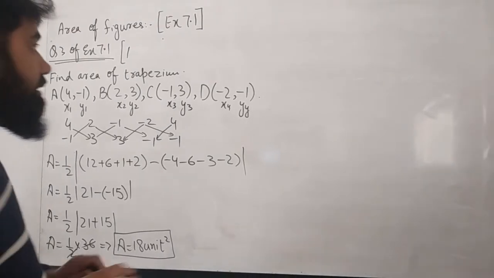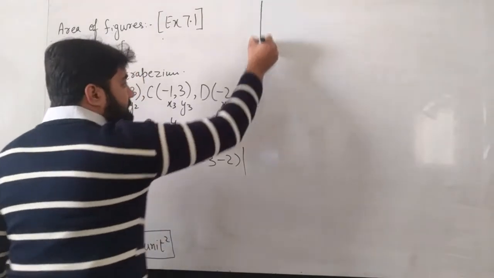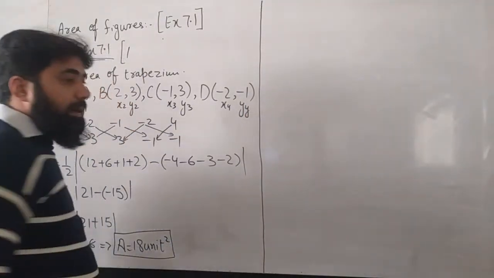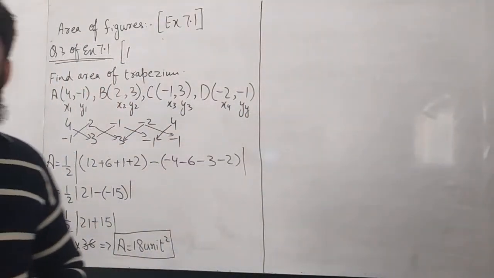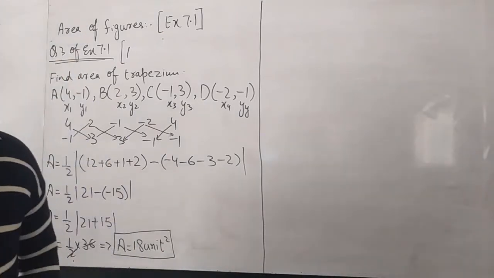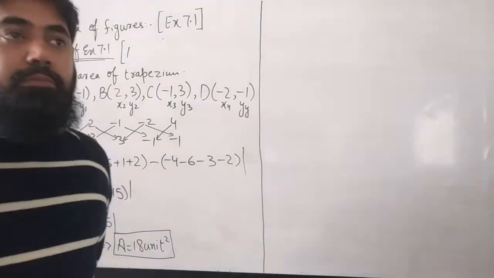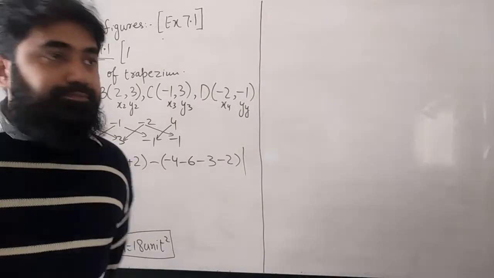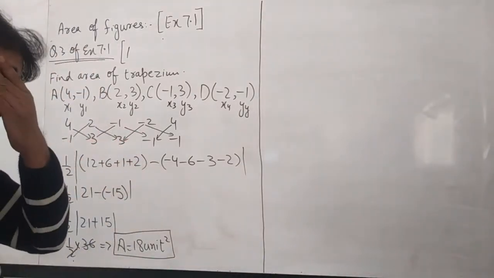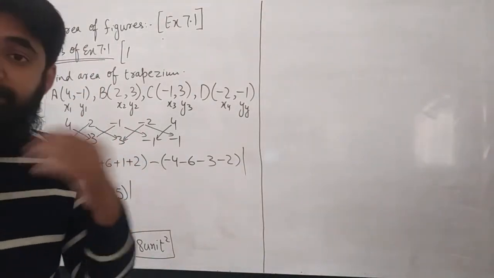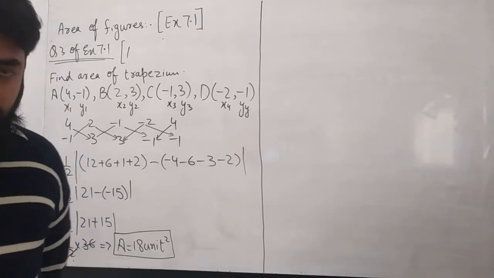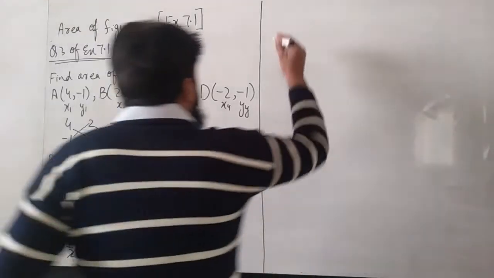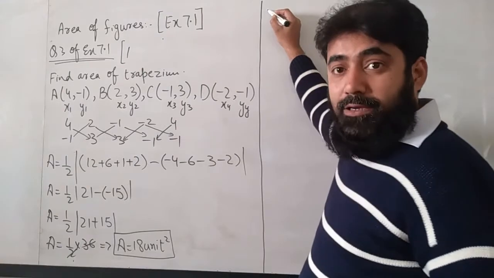Okay, now I am going to solve the same question by the first method, by looking at whether we have some same repeated values or not. So first of all, I am writing my coordinates again.